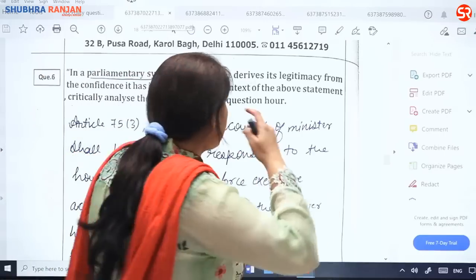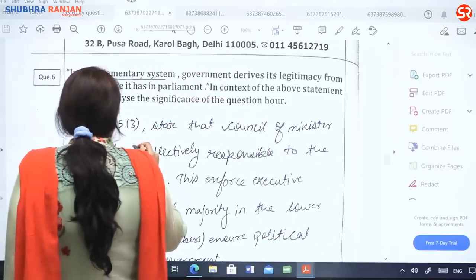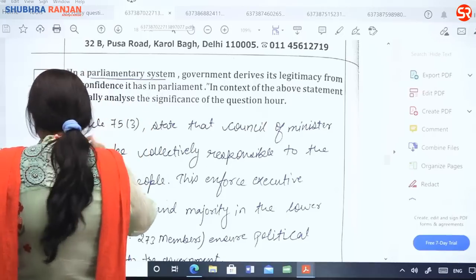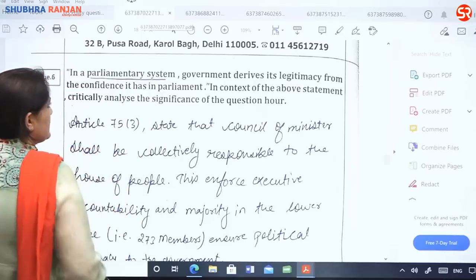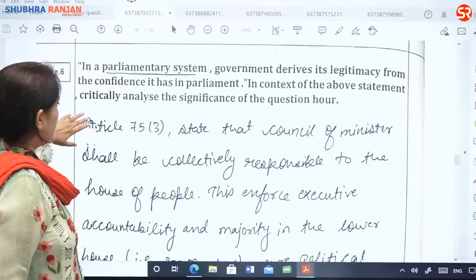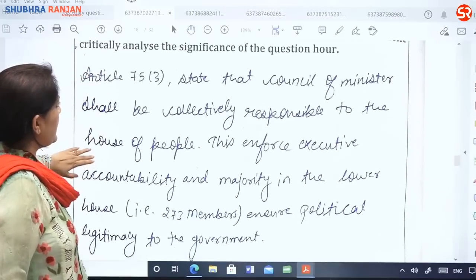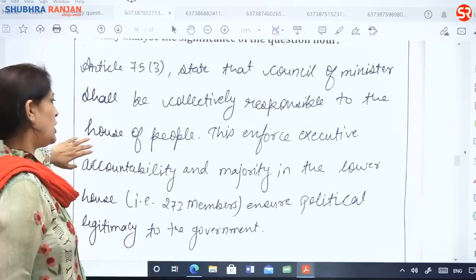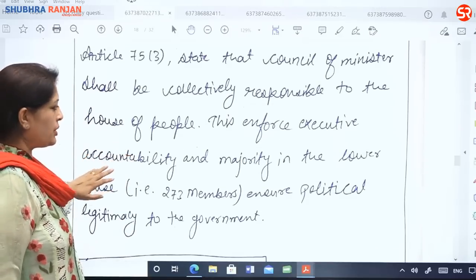So now let us see how this answer is. In a parliamentary system, government derives its legitimacy from the confidence it has in the parliament. Article 75 says that the Council of Ministers shall be collectively responsible to the House of the People. Okay, it's a good start.